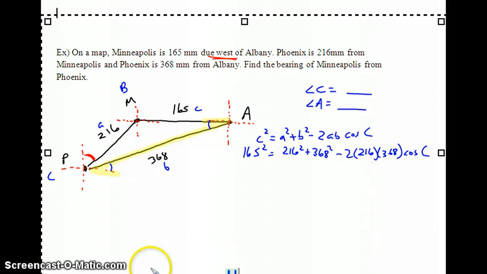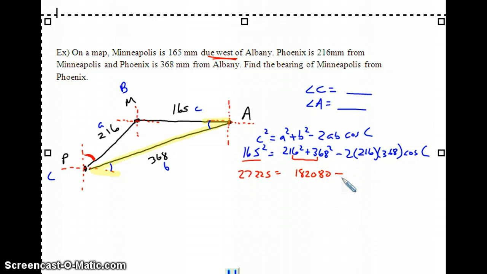Algebraically, when I start to solve this, I can figure out what this is here, which gives me 27,225. I can figure out what these two are together, typing 216 squared plus 368 squared into the calculator, and I get 182,080.